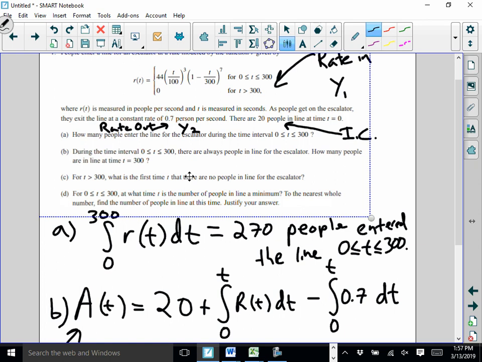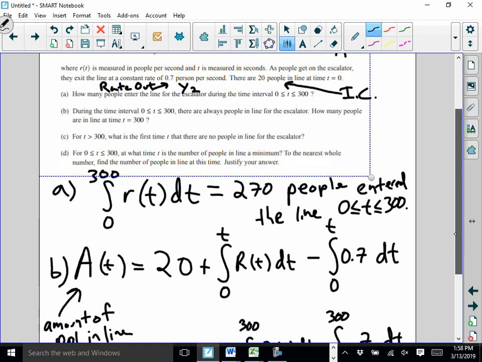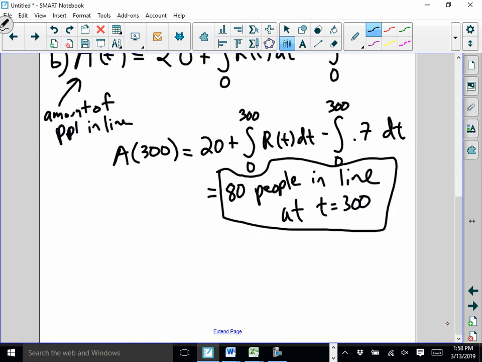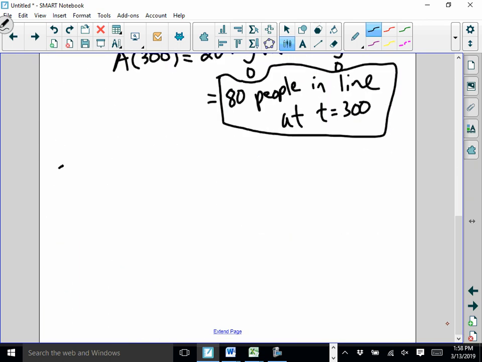So what I'm going to say is, for part C, yeah, this is the oddball. I don't want you wasting your time too much on this. But I know that the T will be 300 plus however long it's going to take those 80 people to get out.